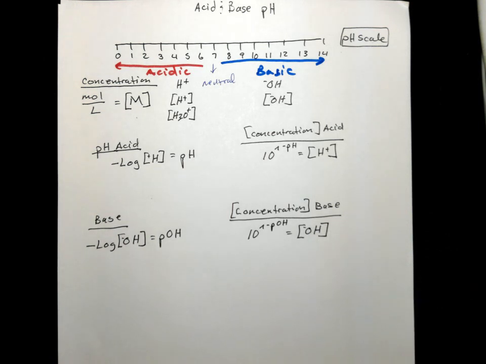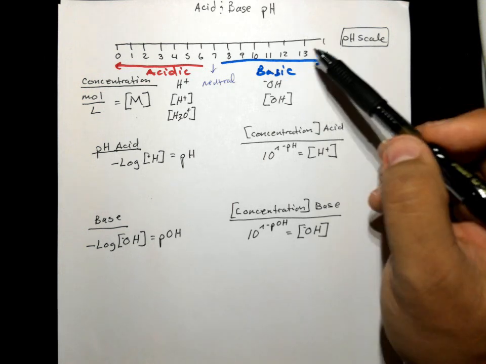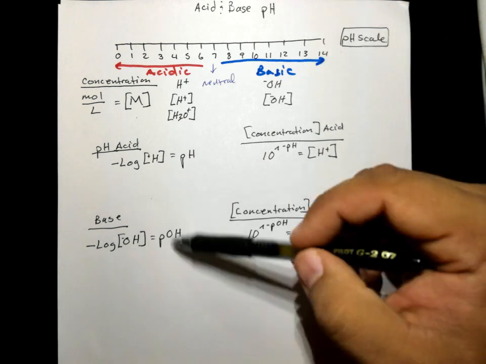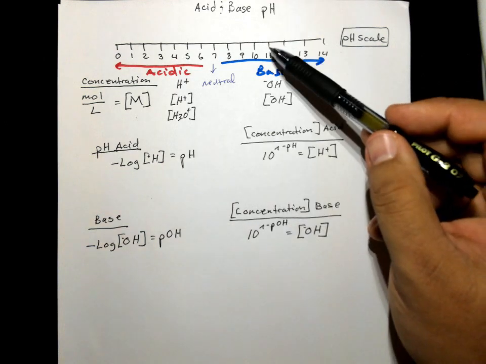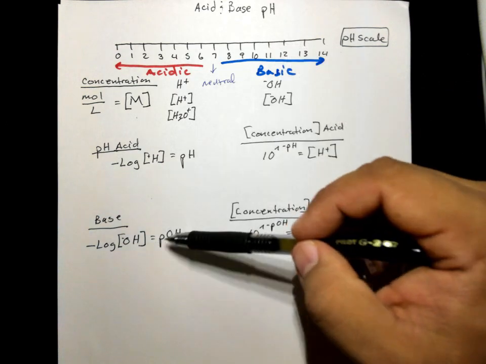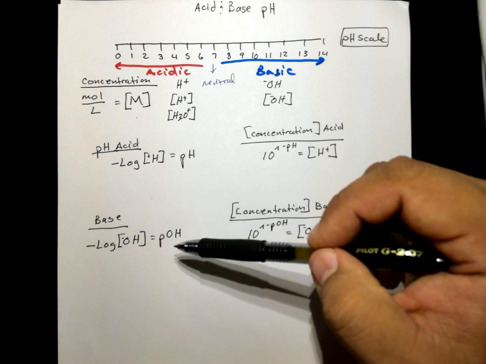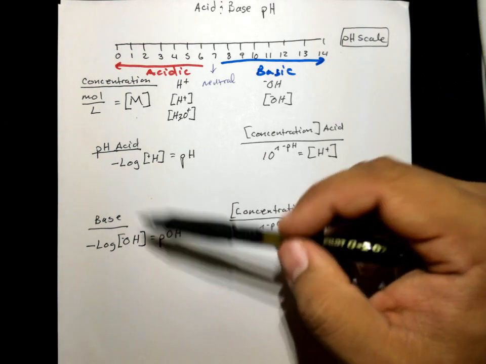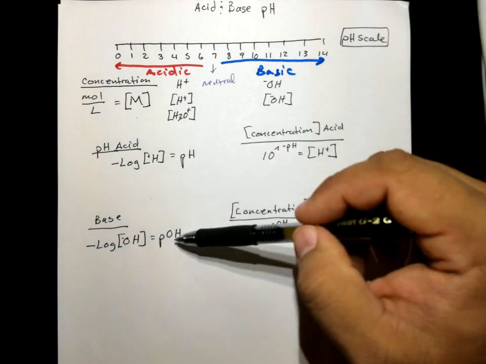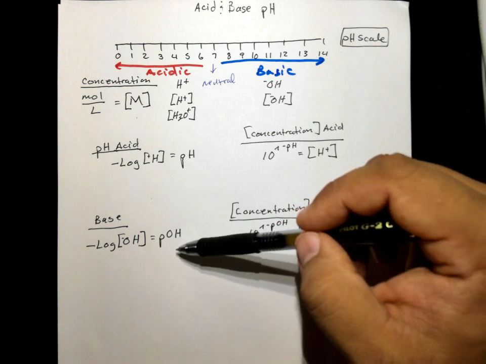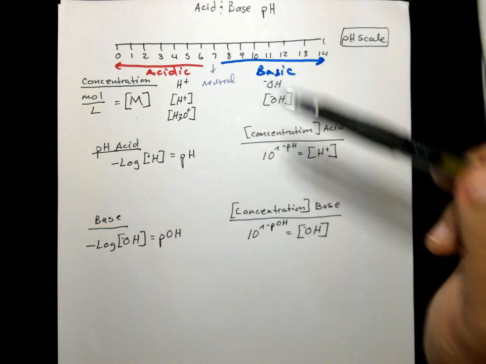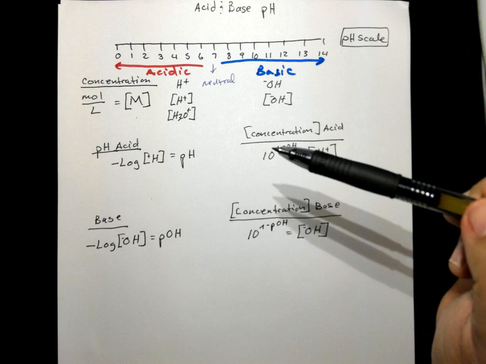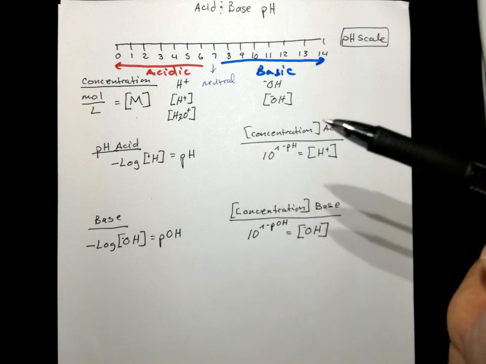But you're probably thinking to yourself, well, yeah, we talked about pOH, but how do we compare that to the pH scale? Because I said last time, you can't read the pH scale by looking at pOH. Well, if I want to figure out if a base is acidic or basic, you got to turn pOH into pH. How do you do that? It's easy, guys.